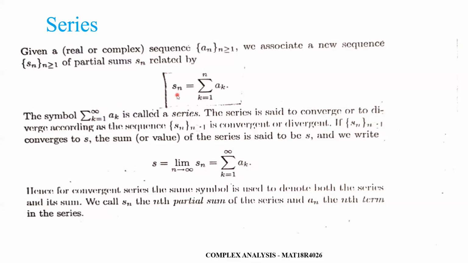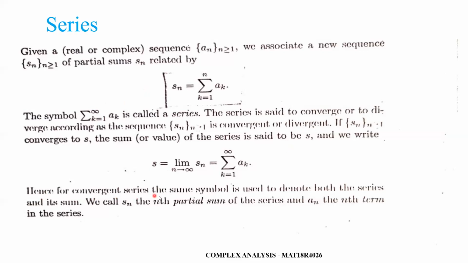That is, if Sn tends to S as n tends to infinity, then the value of this infinite sum or infinite series will be S only. And if Sn diverges, then no value exists, and in this case, we will say that this infinite series diverges.